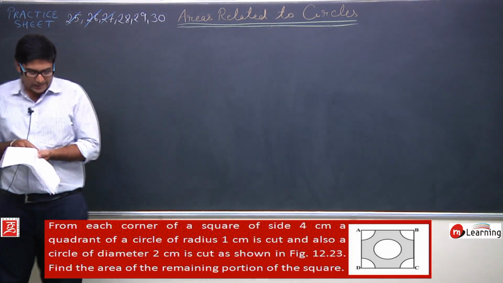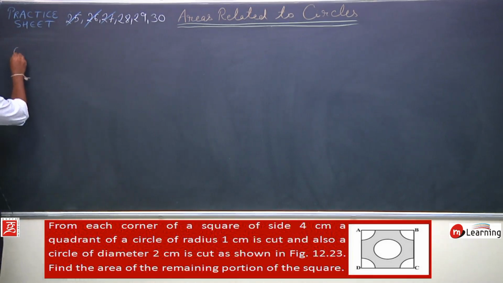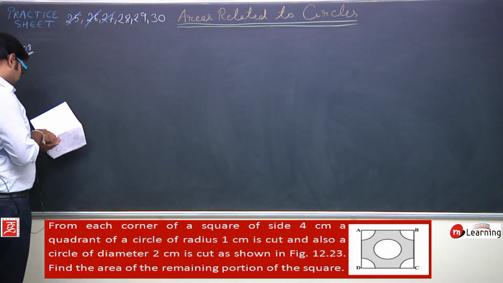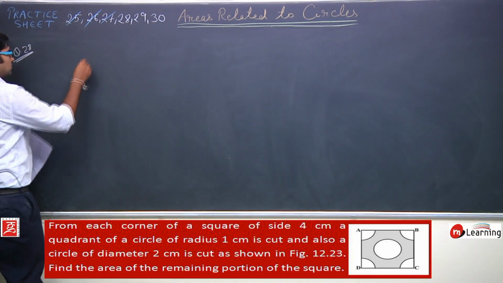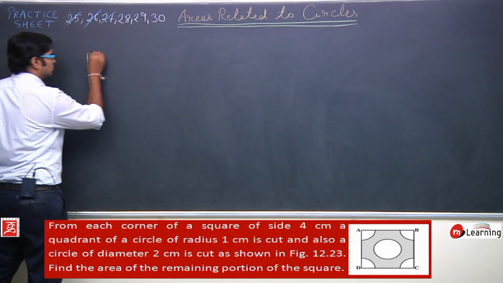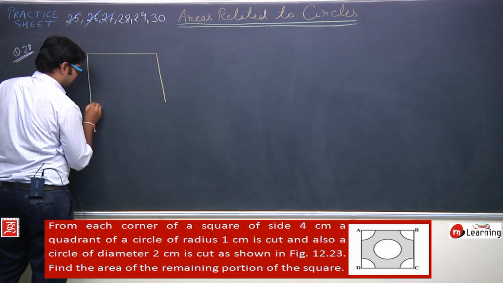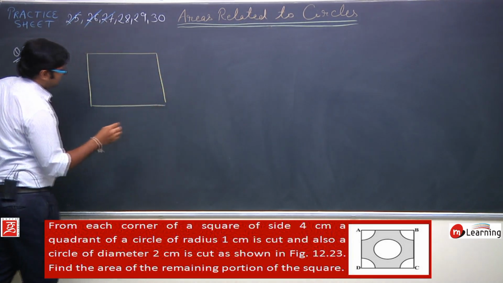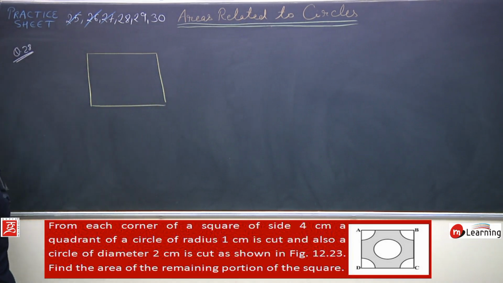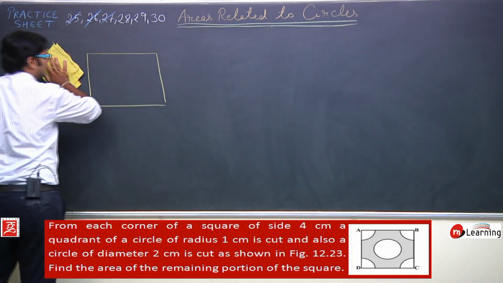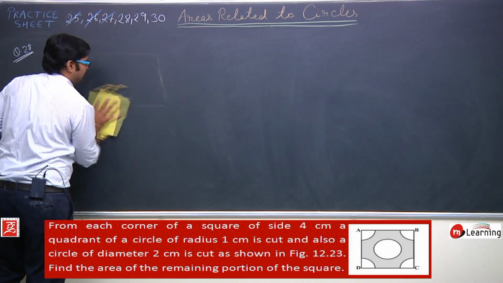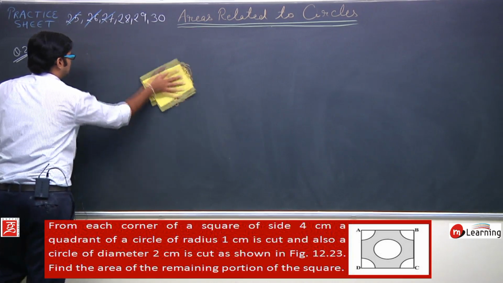Okay, so let us draw the diagram first. Question number 28. There is a square like this. Okay, this seems to be a rectangle. Let me correct it and draw a square or a shape which almost looks like a square.